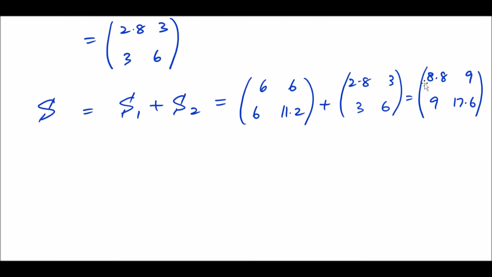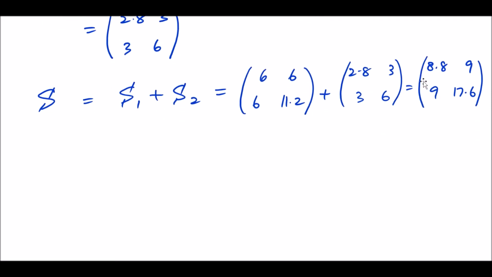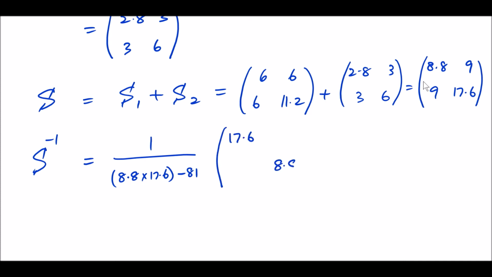Now we need to find the other matrix, S minus 1, the inverse of S. We find the modulus of this matrix, basically 8.8 times 17.6 minus 81. Divide by that, and you swap 17.6 and 8.8, and the off-diagonal becomes negative 9.